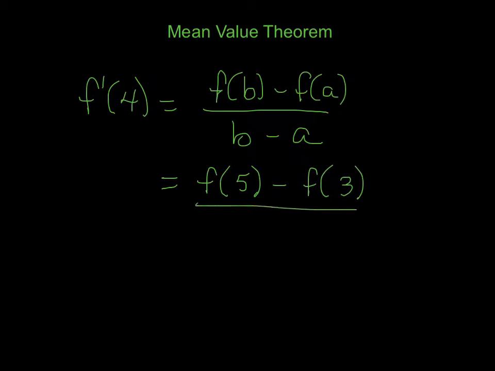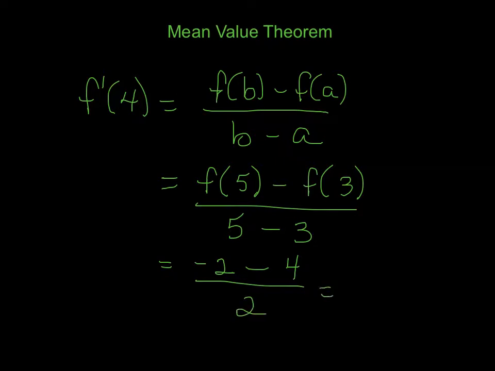And then down here will be 5 minus 3. So basically all you're doing is picking one value higher than the 4 and one value lower than the 4. And then you simply look up f of 5 in your chart, and that's negative 2, and then minus f of 3 in the chart, which is 4, and all over 5 minus 3, which is obviously 2.